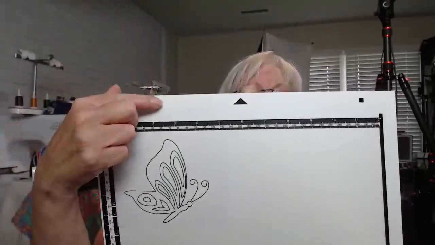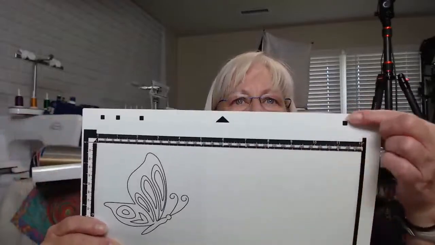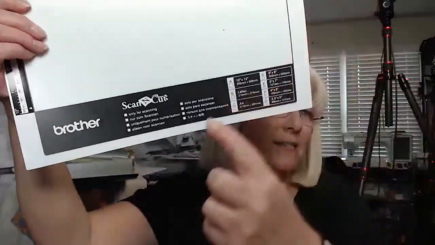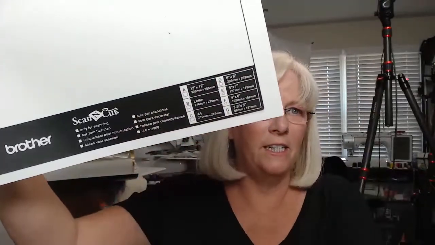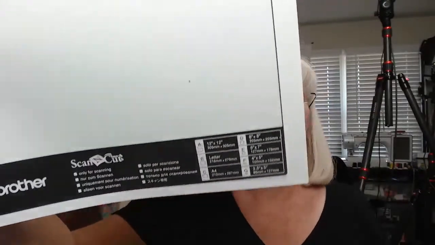And you'll notice you have square boxes at the top, okay? On the original ScanNCut mats, down at the bottom, you'll see ScanNCut. You do not see CADX. And you have circles at the top. So that's the difference between the two mats.